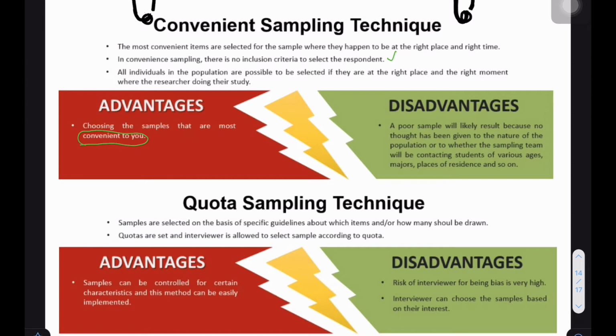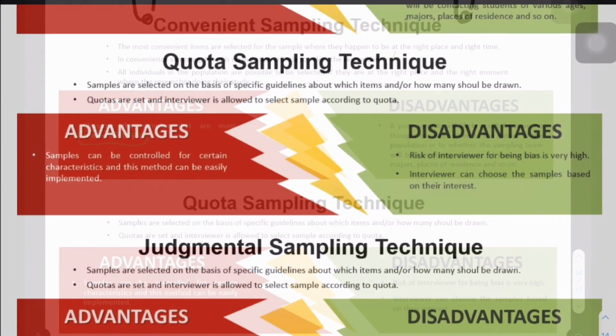Okay, so kita tak pilih pun, kita tak fikir pun apa yang akan jadi keadaan semasa population tu yang menyebabkan kita perlu pilih anyone from the population as a sample. Kita pilih ikut preference kita, yang mana yang kita rasa convenient dengan diri kita. Somehow mungkin yang kita pilih tu tak dapat represent the population or the objective or aims of our study. Okay, so itu adalah disadvantages untuk this type of techniques.